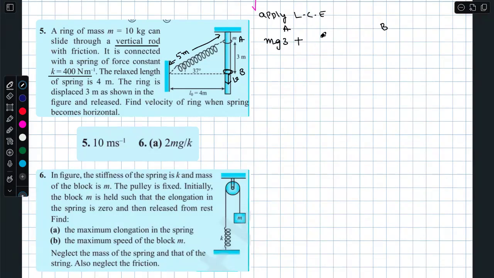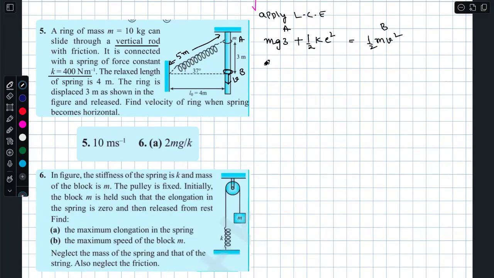I appreciate that. And what is the elongation at this stage? The natural length is 4, the elongated length is 5. So elongation is 1 meter. Half k e square. When it comes to here, it's totally half mv square. Right.